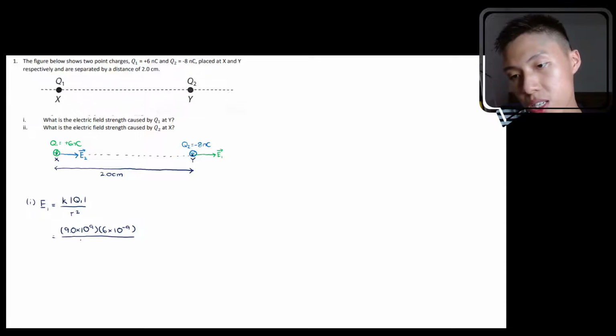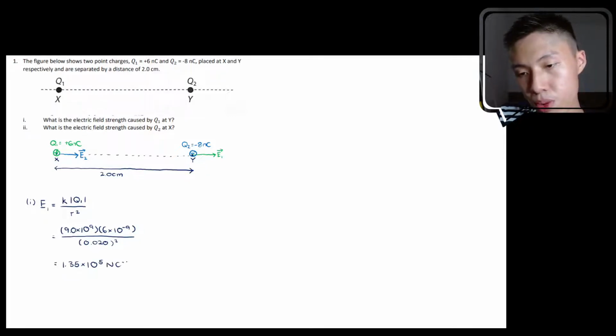Then R is the distance between position X and position Y, which is 0.020 meter, squared. So if you calculate, I believe you get the answer 1.35 times 10 to the power of 5 Newton per Coulomb.